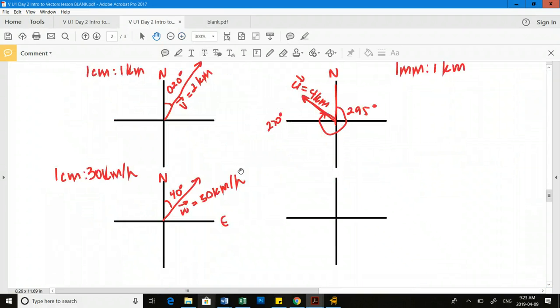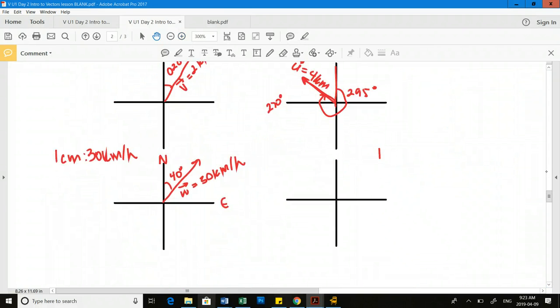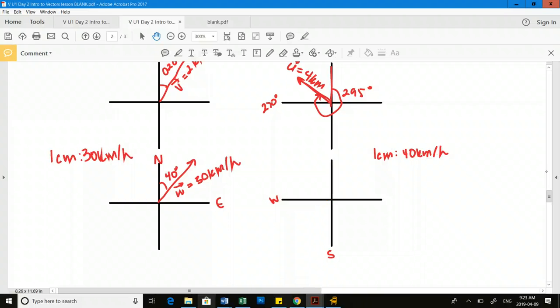Okay, and then last one here. Sure, you can make 1 centimeter equal to 40 kilometers per hour. And then our direction here is from the south line toward the west, 70. So it's going to be somewhere over here. And we're going to make it 1 centimeter long.